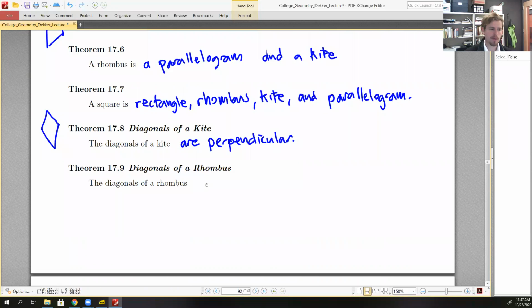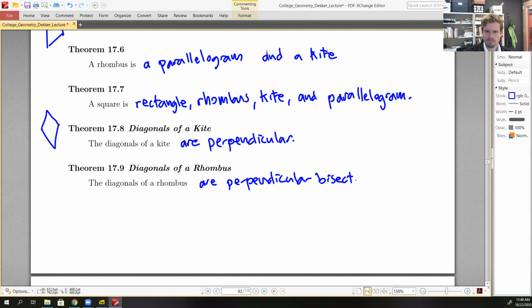So the diagonals of a rhombus are perpendicular bisectors of each other. Excellent.